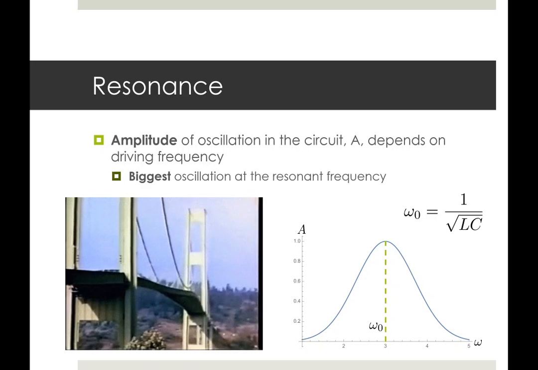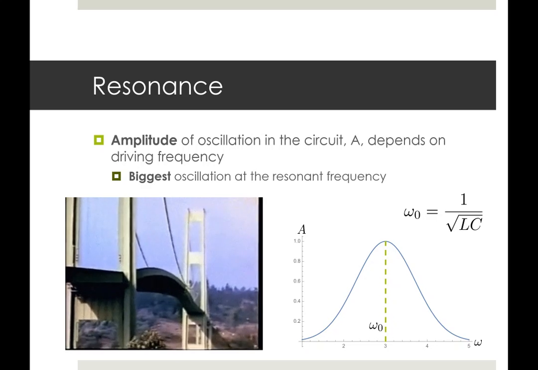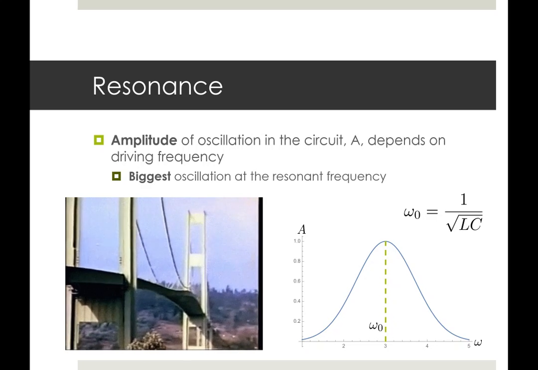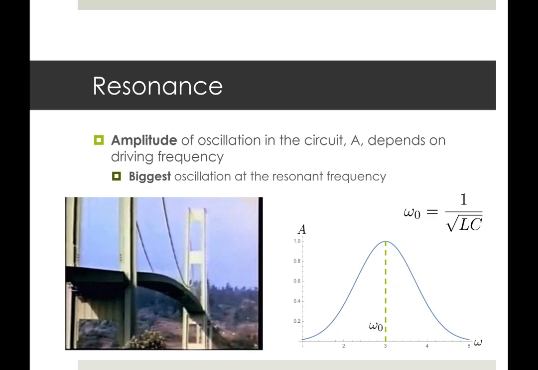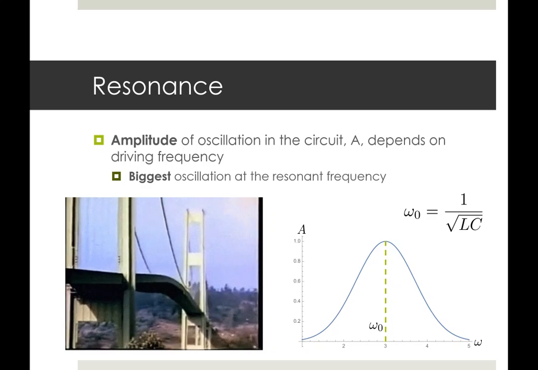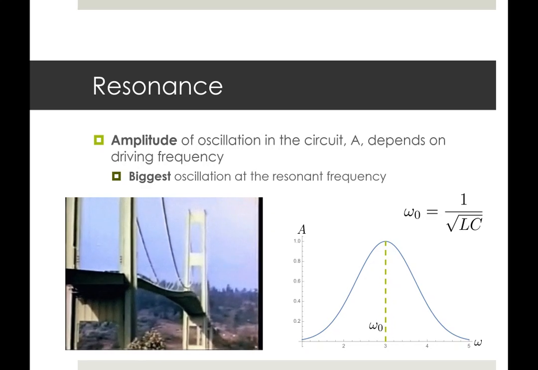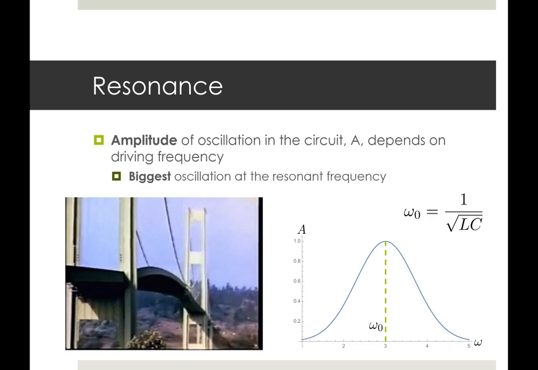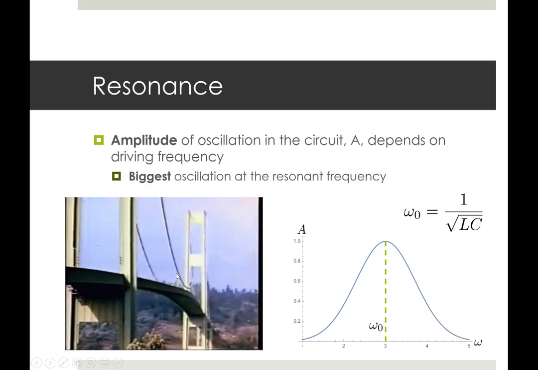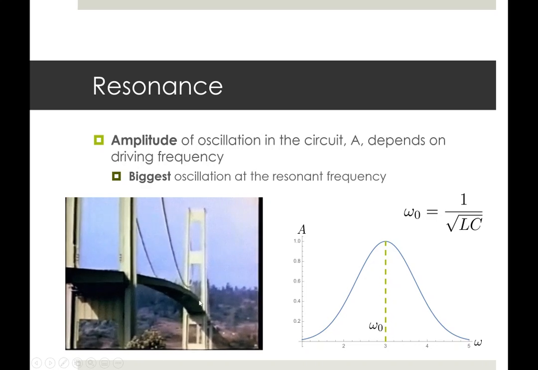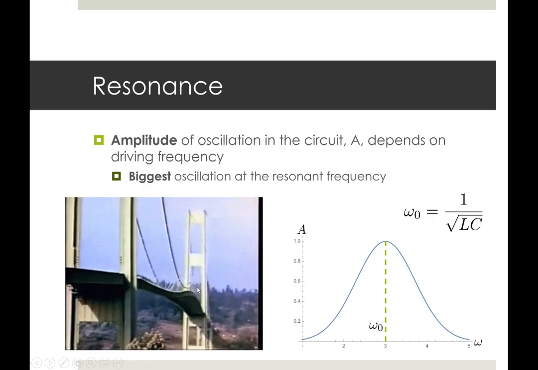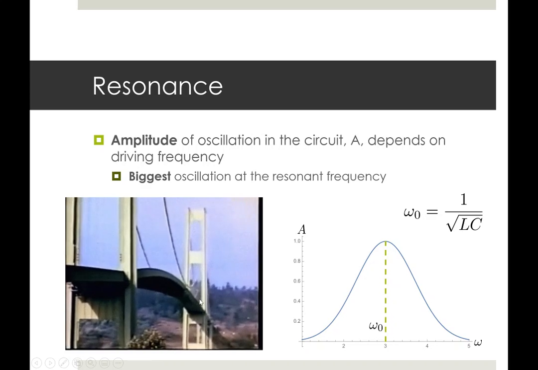And there are lots of engineering applications to this idea that any oscillator has a resonant frequency, a frequency at which it wants to oscillate. And if you push it at that frequency, you're going to get really big oscillations. Even the little tiny oscillations within the vibrations of the material that make up a bridge are themselves oscillators.